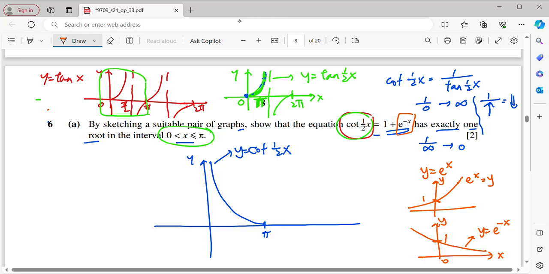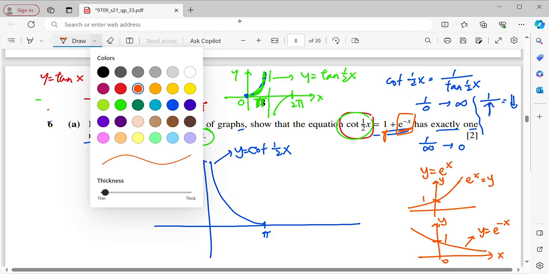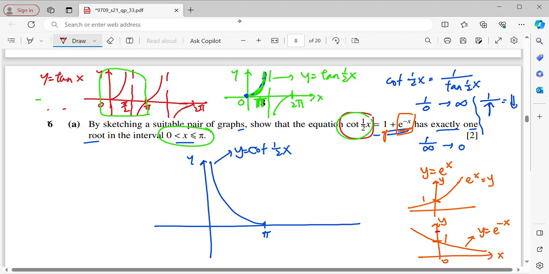And then you are using e negative x plus 1, means that you move up the graph by 1 unit. So when you move up, that means the intersection instead of 1 now becomes 2. Okay, so just move up. So now here I will move up, and at the same time, instead of this graph approaching the x-axis, it will be approaching 1. Okay, because it has been moved up.